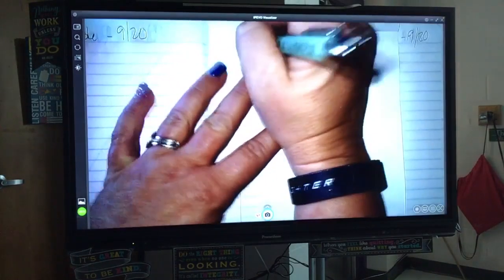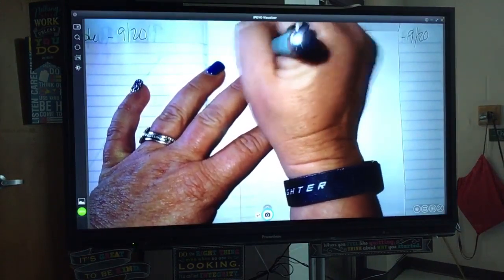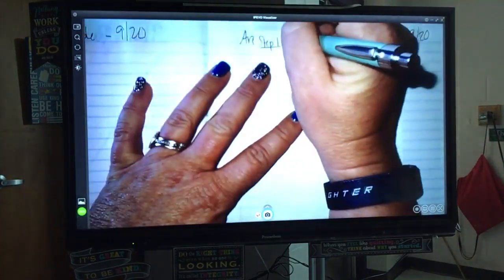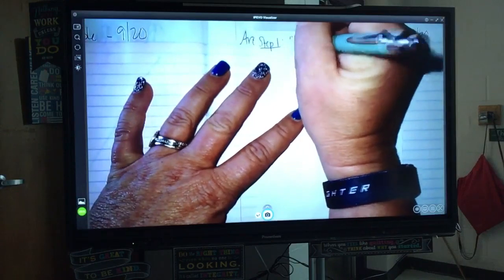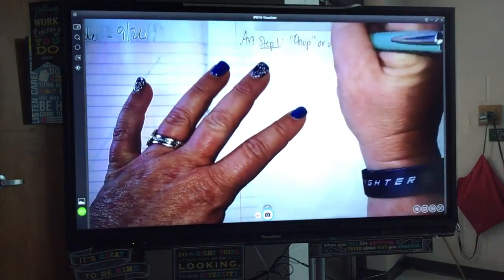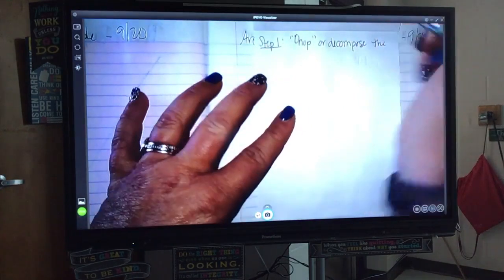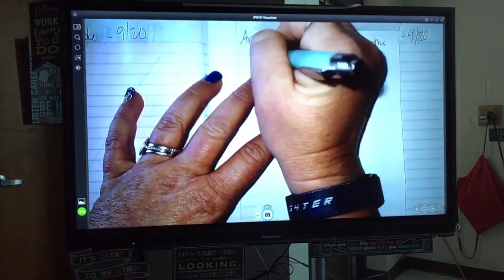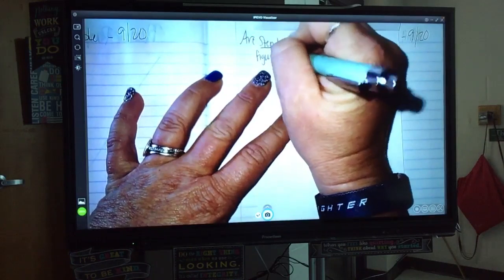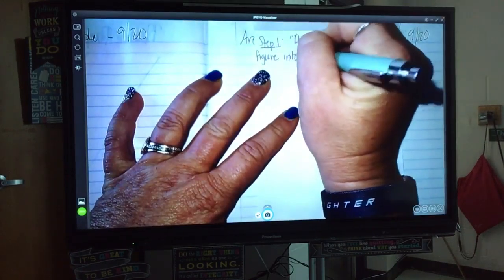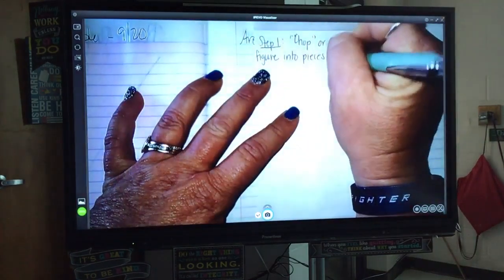Step 1: you're going to chop, or a math word I like to use, decompose the figure into pieces you can solve.